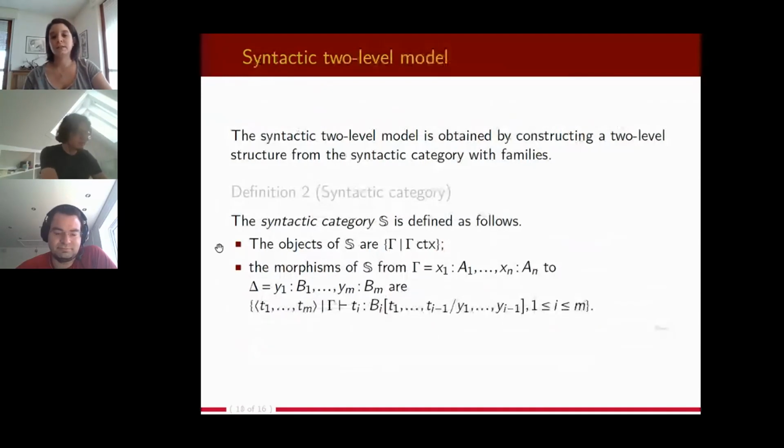We define at first the syntactic category S. Here, the objects are the contexts, and the morphisms from context gamma to delta, where gamma is x1 of type A1 up to xn of type AN, and delta is y1 of type B1 up to ym of type BM, are defined as follows. A map is a sequence T1 to Tm, such that for each I, gamma proves that Ti is of type Bi with the previous T's substituted for the Y's.